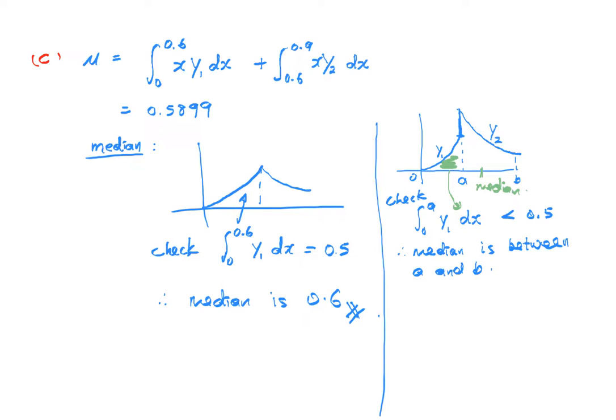So therefore, I integrate from A to the median of y2 dx and I get 0.5. So I use my solver to help me to solve. Do you get what I mean? So that is how you have to check first. Then you know where is the location of the median. Then you write the definite integral involving the median as one of the limits. Then you go to solver, then you get the answer.